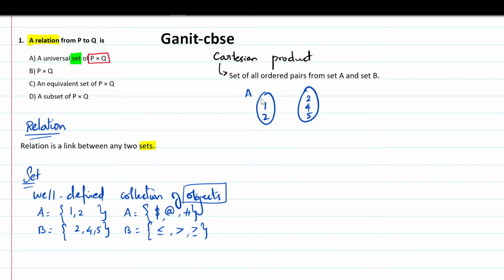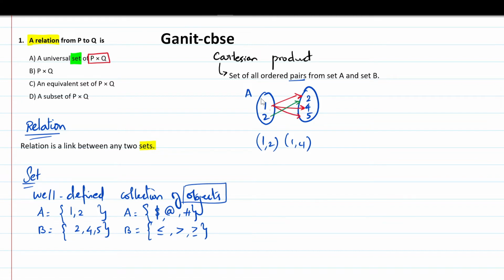If I want to pair up these numbers, I can take 1, 2. I can write 1, 4. I can pair up 1, 5.